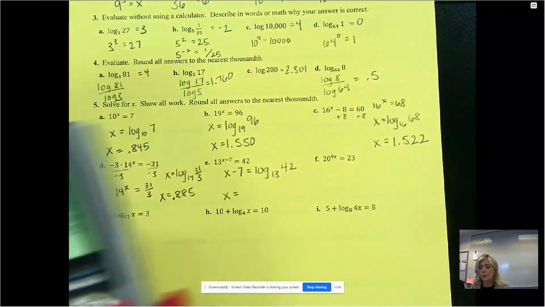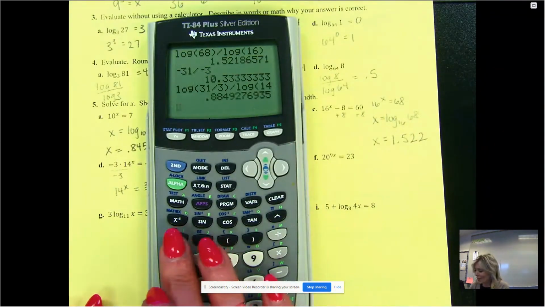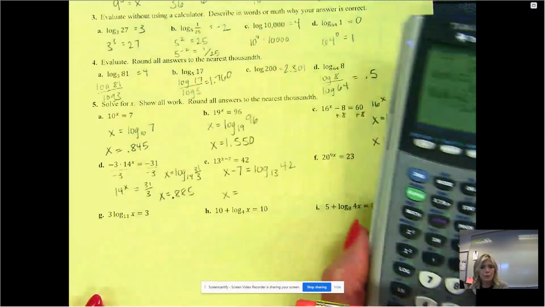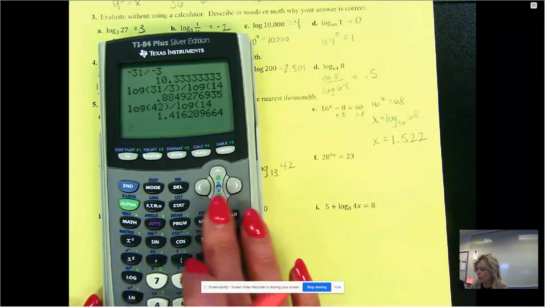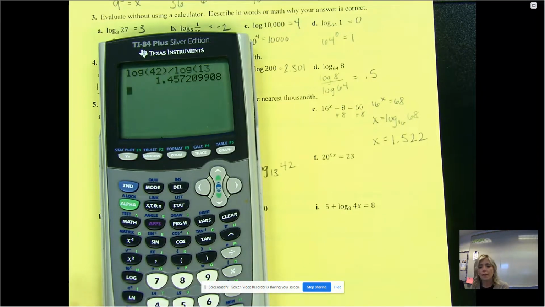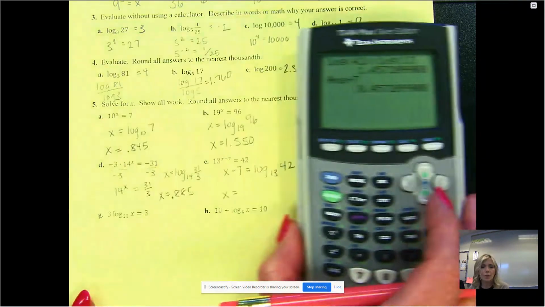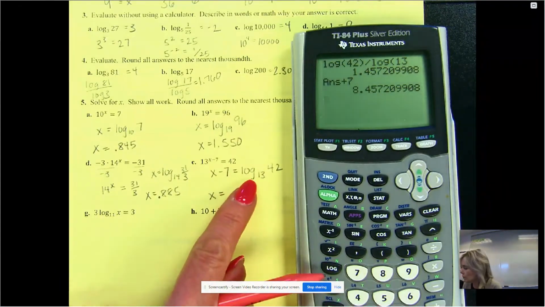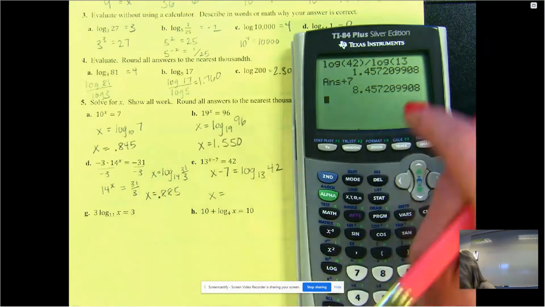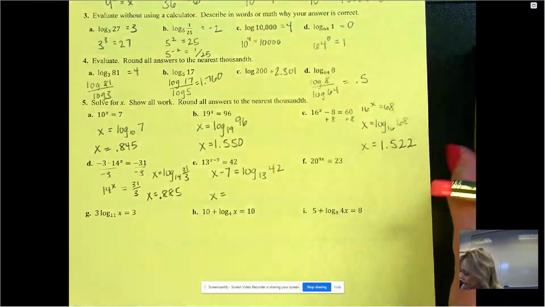So the log of 42 divided by the log of 13. There we go. And now I'm going to add that 7 over so that I have x all the way by itself. So this was equal to about 1.457. Add the 7 over, we get 8.457.